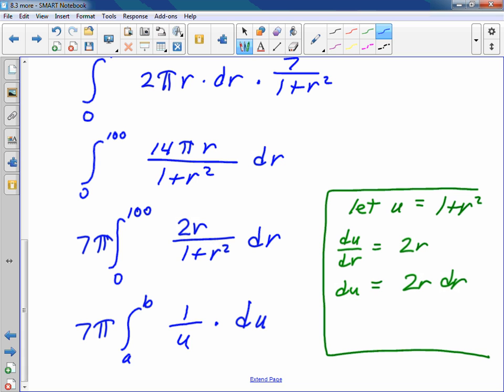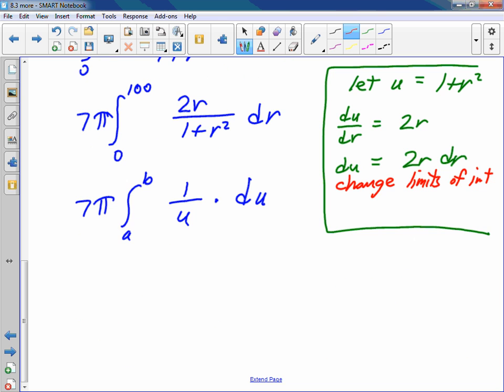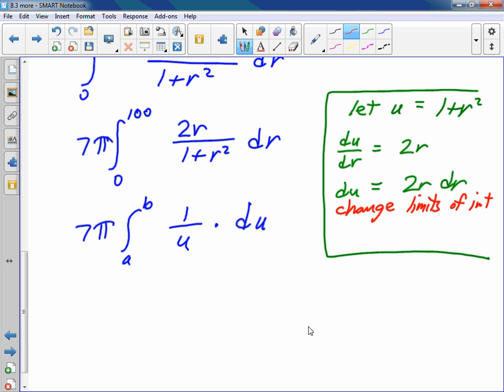Now, notice I can change my limits of integration to make my life easier. I don't have to, but if you don't, then you've got to substitute back in after you're done. If you do, then you won't. So that's nice. Change limits of integration.